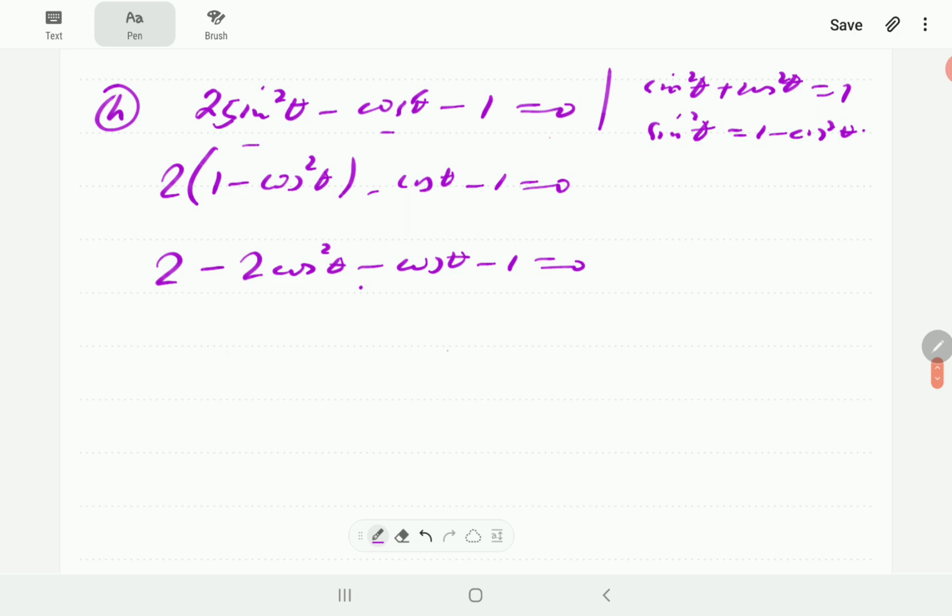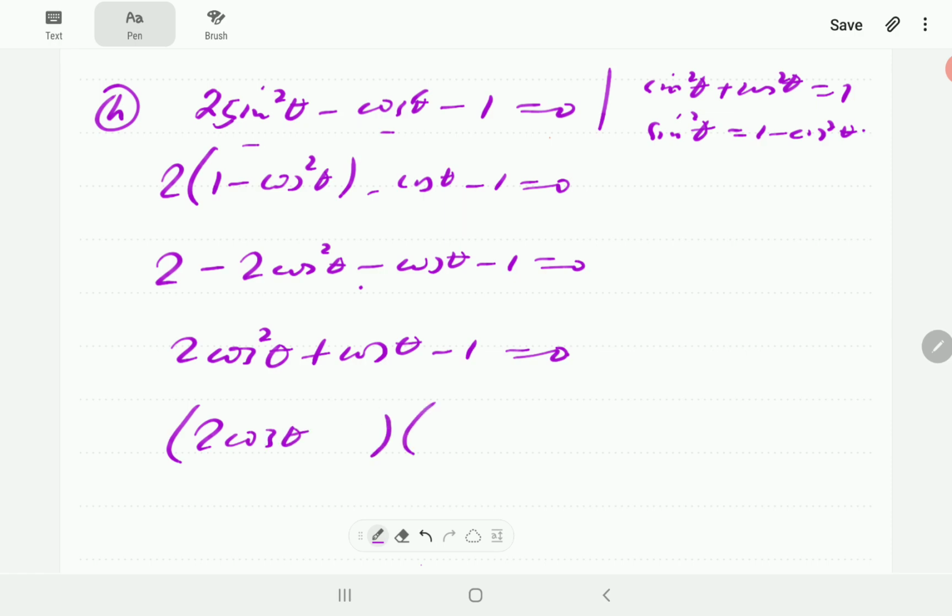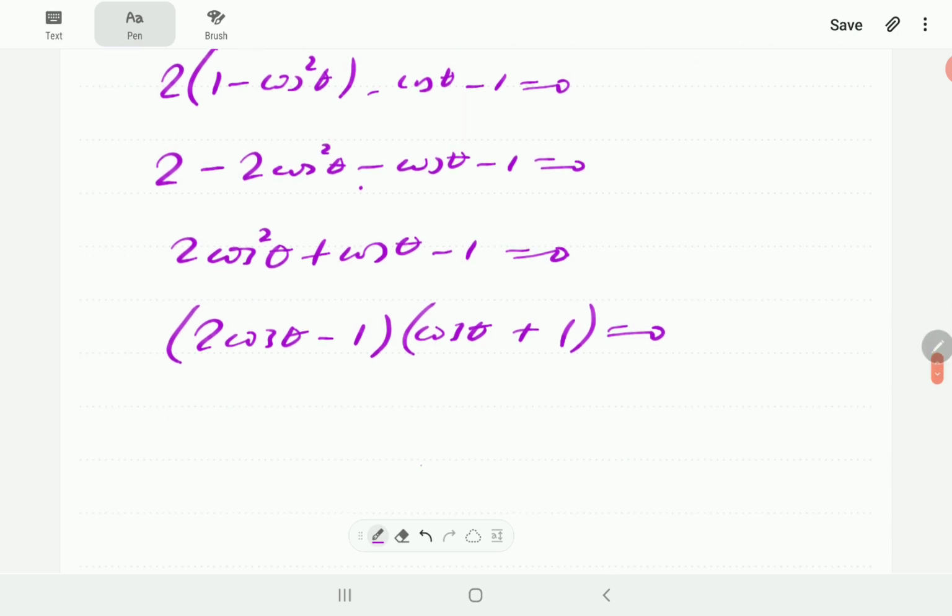If you take everything to the other side, we're going to have 2 cosine squared theta plus cosine theta minus 1. Then this we can factorize. One here is going to be plus, and this is going to be minus, equal to 0.